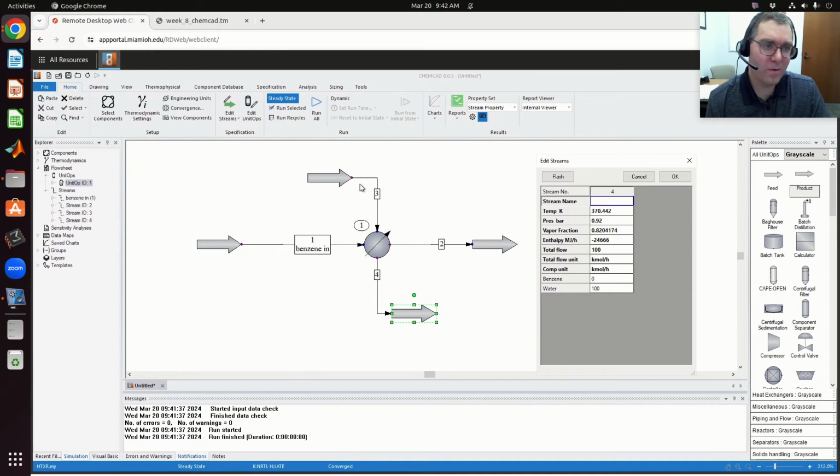And I always find this interesting. My flow rate of benzene and steam was the same, both were 100 kilomoles per hour. Benzene, my liquid, is increasing in temperature from 298 to 350, so it's increasing by 52 Kelvin. But the temperature of my steam is only decreasing by about 2 Kelvin.